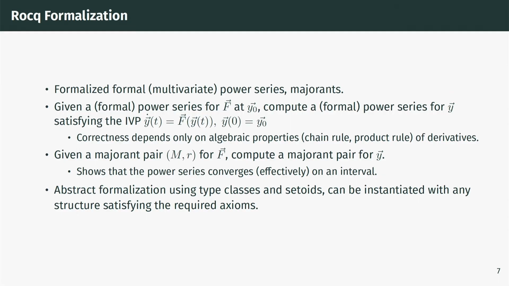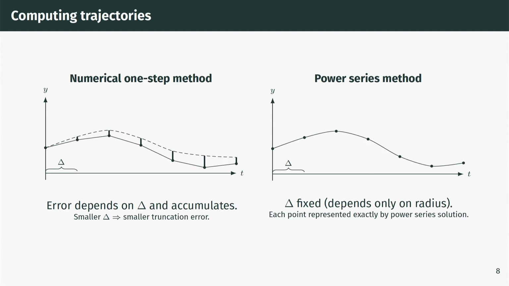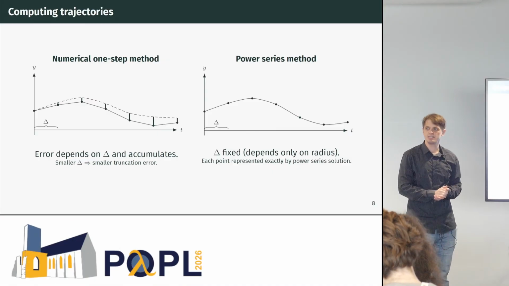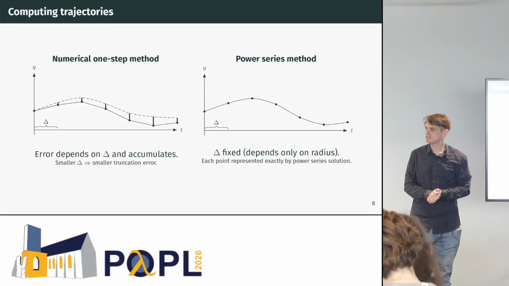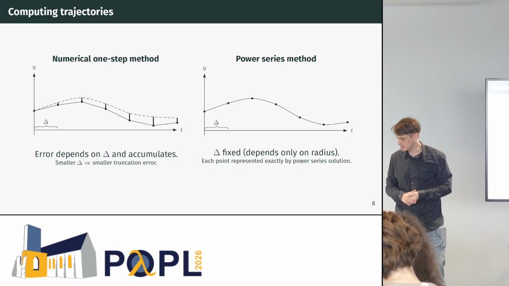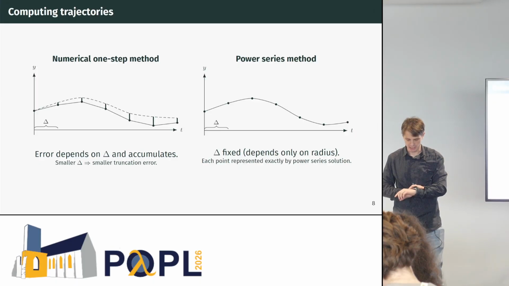Okay, and so this will only give convergence on a small interval, of course. So this will only give us a very small local solution. And so what we then want to do is use this initial value to the new solution to extend this to compute longer trajectories.